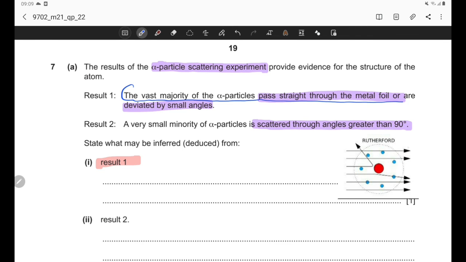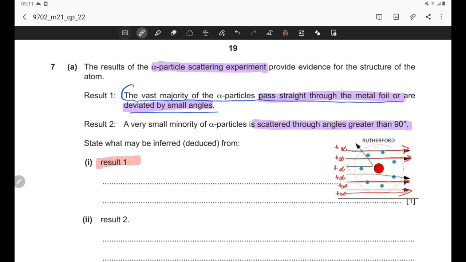So we can see this is the result of Rutherford's alpha particle scattering experiment, and when you are looking at the figure, we can clearly see that these positively charged alpha particles, when they are passing through the gold atoms present in the gold foil, most of them are moving straight without deviating, and very few alpha particles are deviated by a small angle.